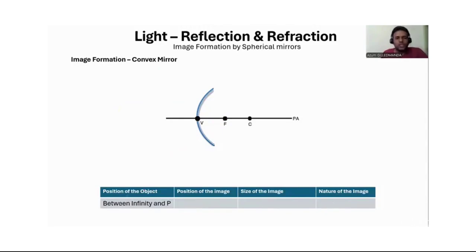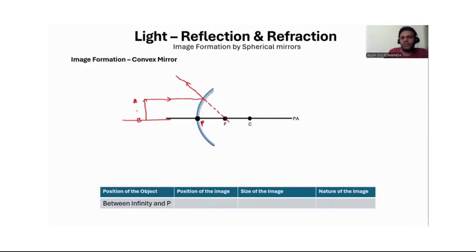Here, the object position is somewhere between infinity and P. Let's say somewhere here, if I extend this principal axis, right? So the object is somewhere between infinity and the pole, which is P. Let's make incident a ray which is parallel to the principal axis. It appears that it is reflecting from the principal focus, right?